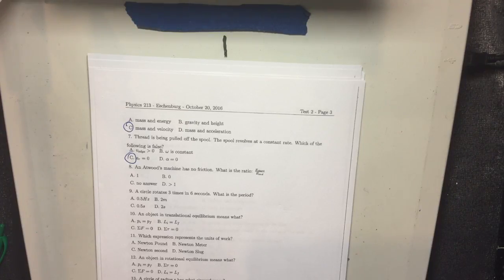What does it say? Energy at the start over energy at the end. So if there is no friction, say that again. This is correct. It's the same. So if you have two numbers that are the same, the number is 1, not 0.